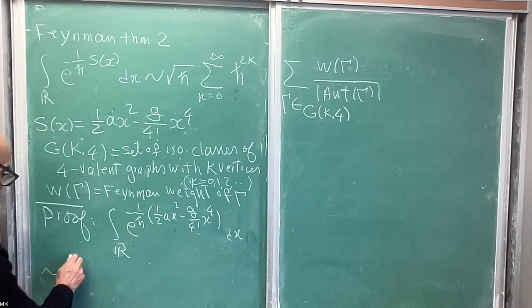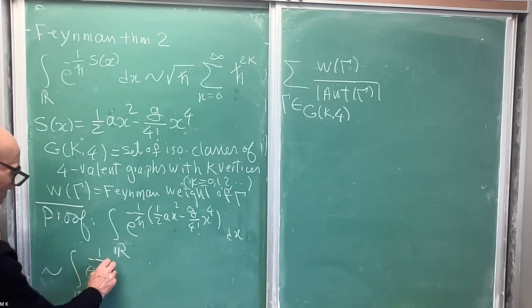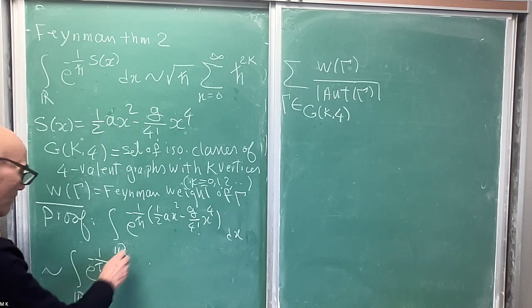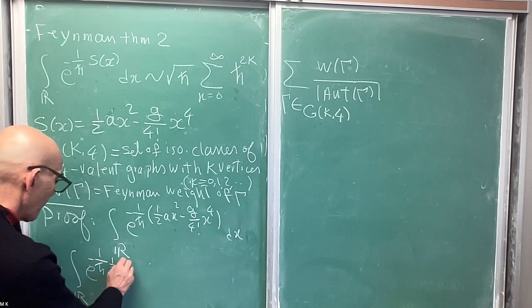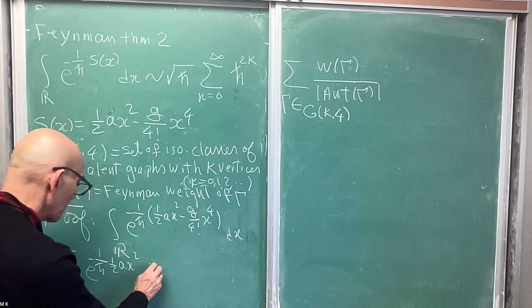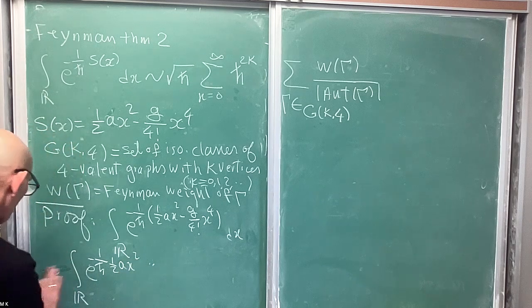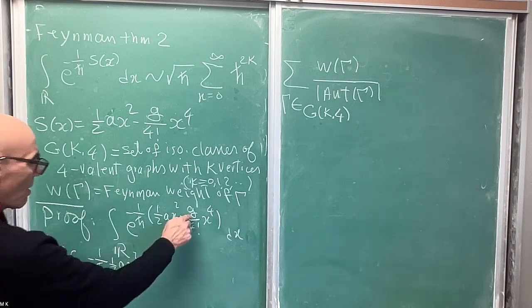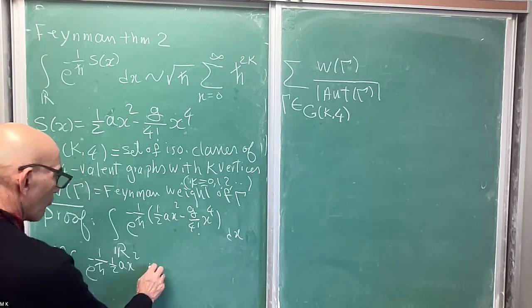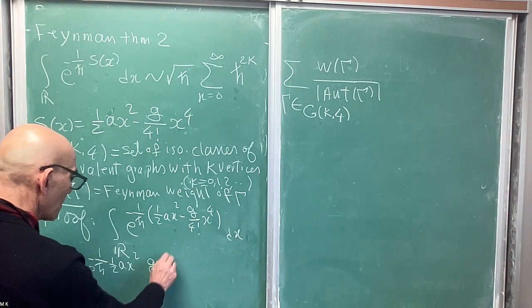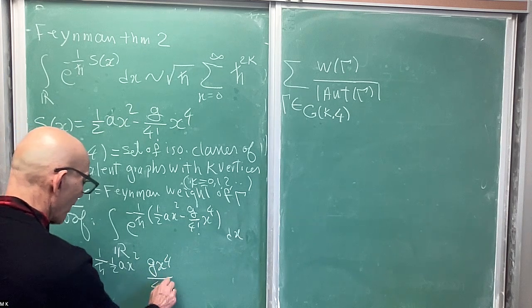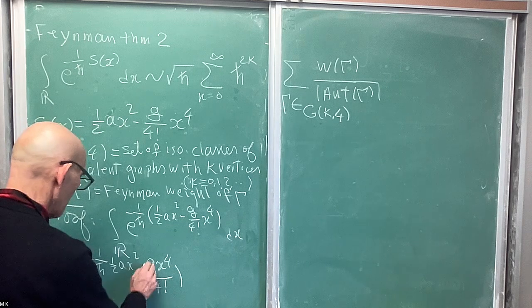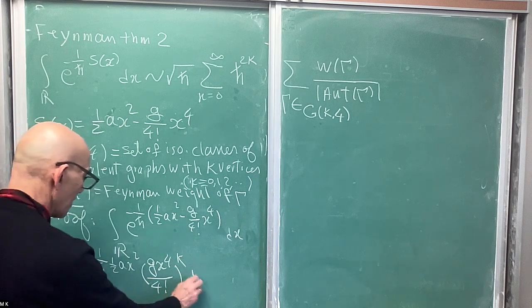This is asymptotically given by the integral over R of e to the minus 1 over h bar, 1/2 a x squared, then let me write the summation here already outside, k from 0 to infinity, and this term is of course (g x^4 over 4 factorial) to the power k, dx.